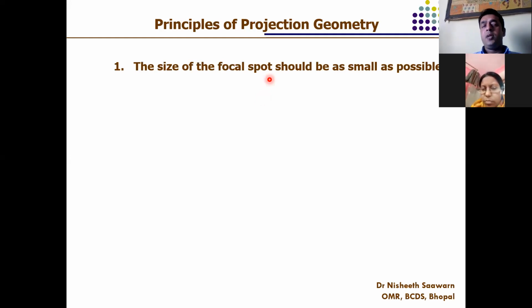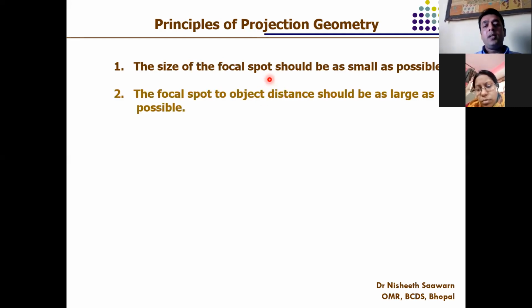If you take a torch and focus it further on the wall, what happens? The size increases. In the same way, if you want to make a good shadow, you have to use a single torch; you cannot have multiple torches and get a good shadow. A smaller, single point source will give you a very good image. So the focal spot, the source of the X-rays, has to be as small as possible.